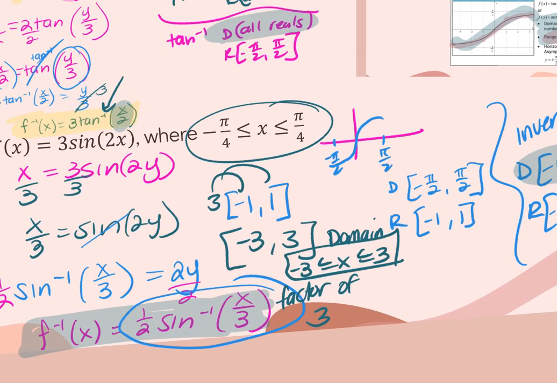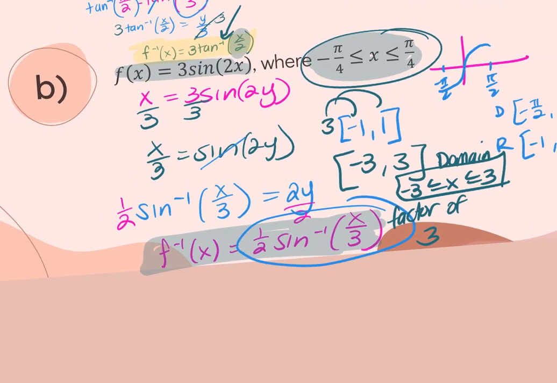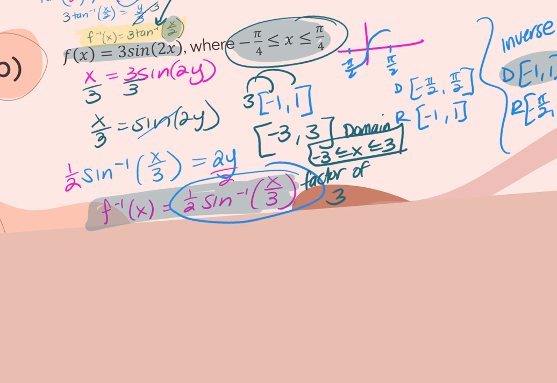This is the restriction on this sine curve. All right, so if you think about it, that's your original sine curve, right? We said we restrict it from negative pi over 2 to positive pi over 2. That's our domain restriction on the original sine curve.